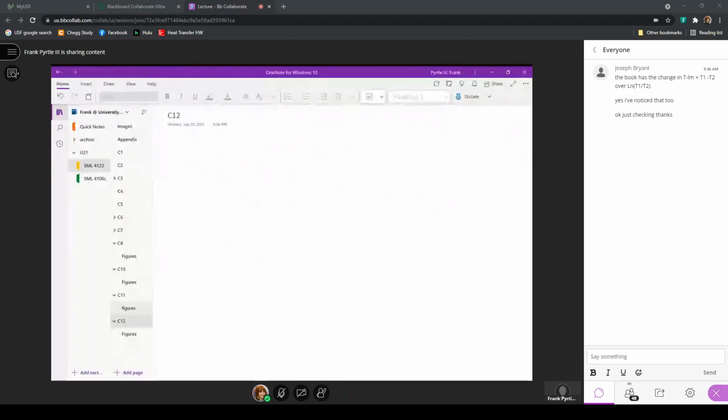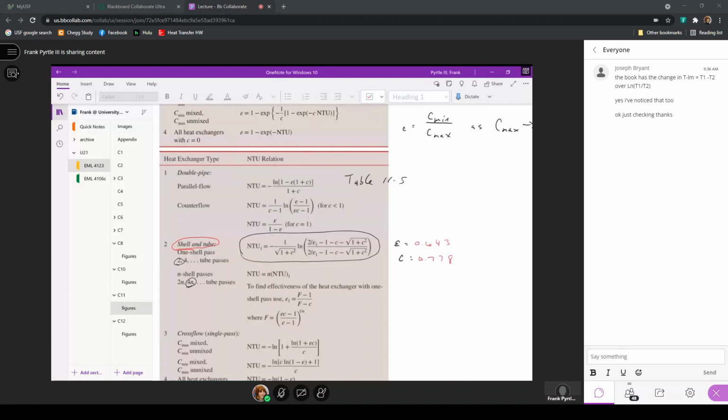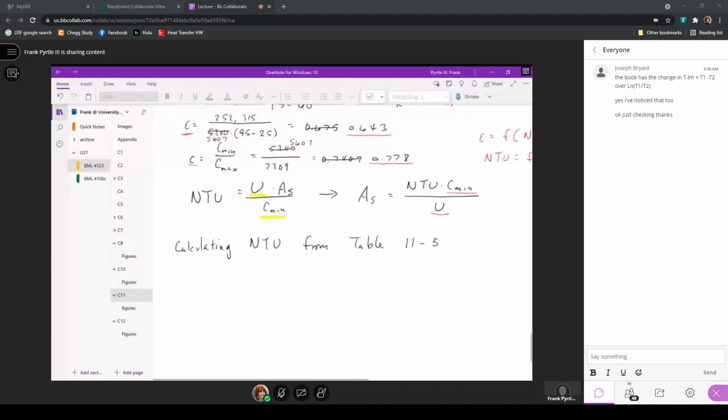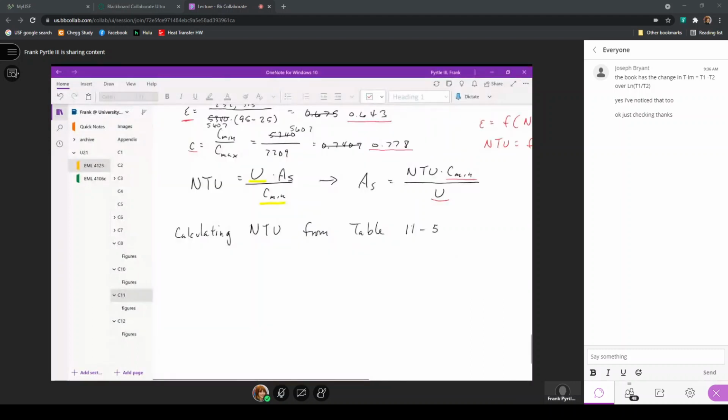Yeah, table 11, I think dot 5. Then we get that the number of transfer units, based on the effectiveness of 0.643 and the capacity rate ratio of 0.778, is 1.7.